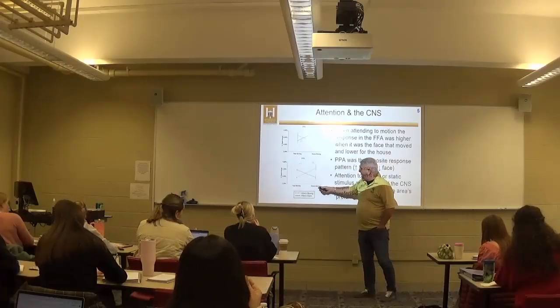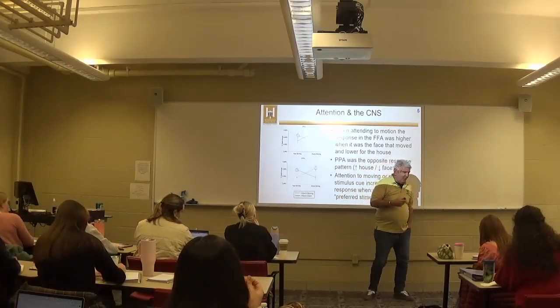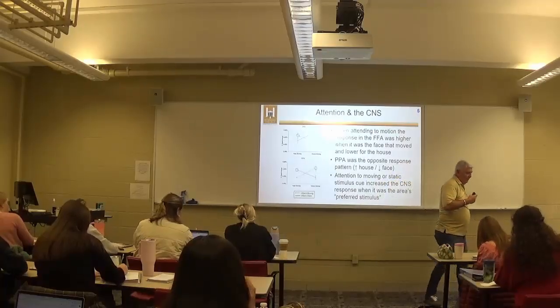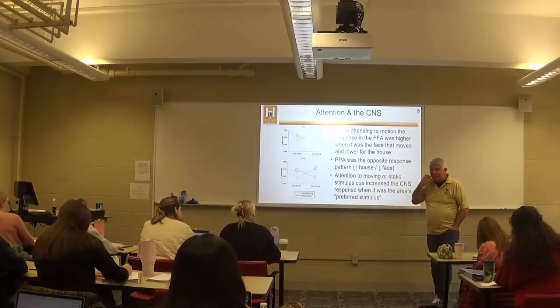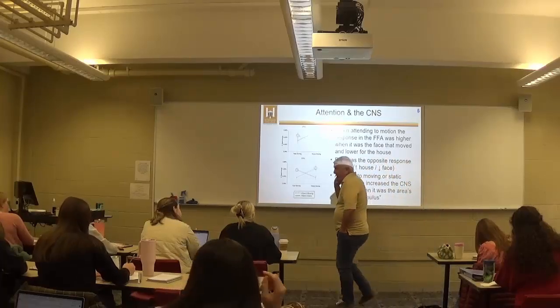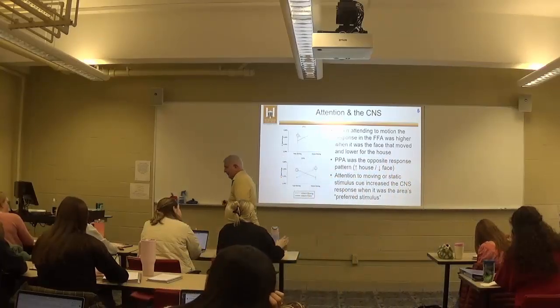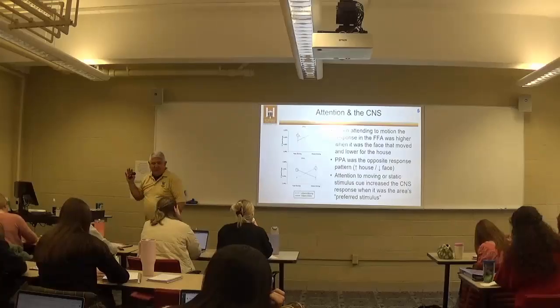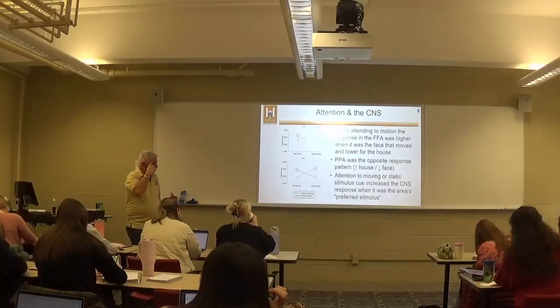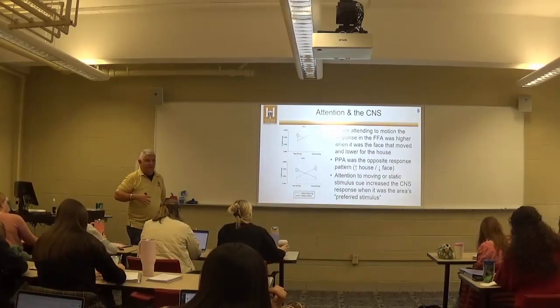And the same thing for the parahippocampal place area: when you're supposed to focus on the house instead of the face, we see the opposite effect. So activity goes up in the parahippocampal place area and goes down in the fusiform area.